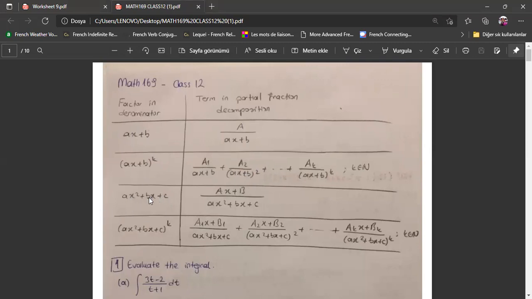And if you have a term like ax squared plus bx plus c, then in the numerator you need a polynomial of degree 1. You will write ax plus b and find these constants. If you have the kth power of this polynomial, you would write this one. The idea is the same as the previous one, but instead the numerator is a polynomial.